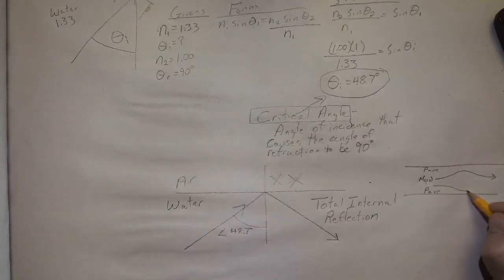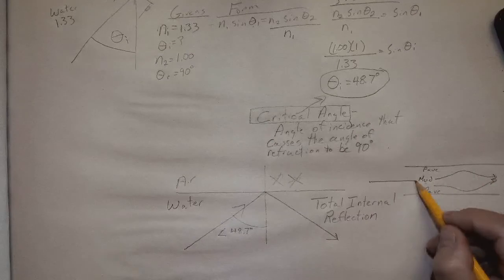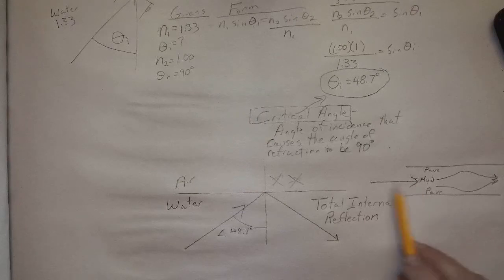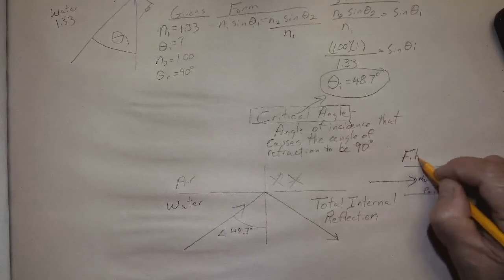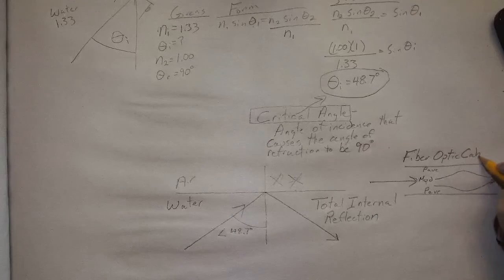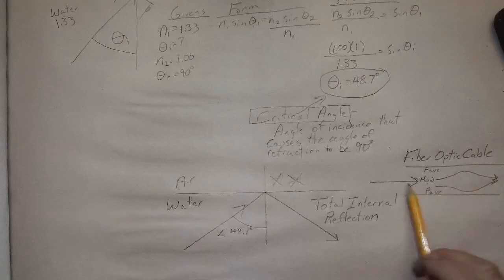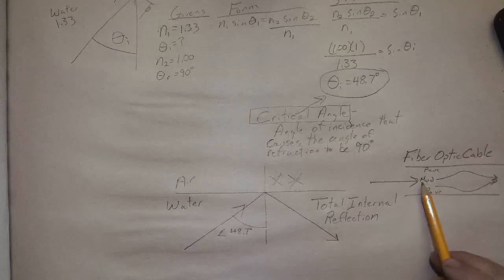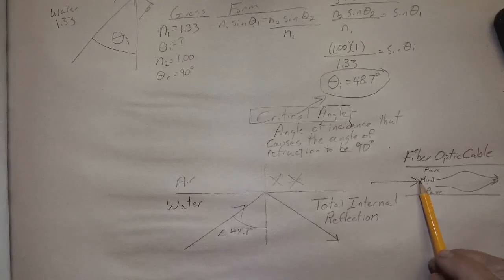And this will allow a beam of light to travel a tremendous distance with no significant loss in its energy. The only loss occurs from any opacity in the cable itself, and it's meant to be as clear as possible. So this can actually transmit through miles of fiber optic cable without any loss of signal.